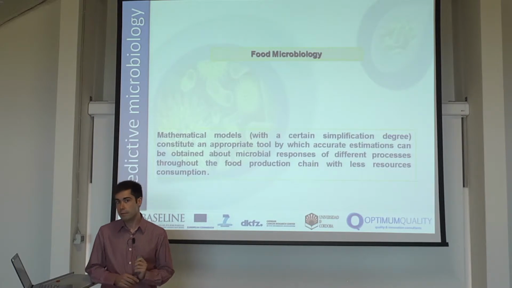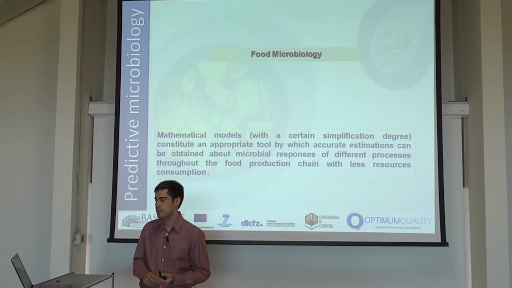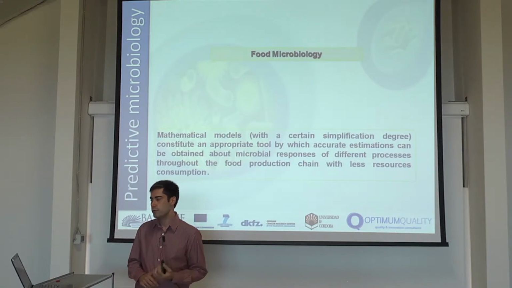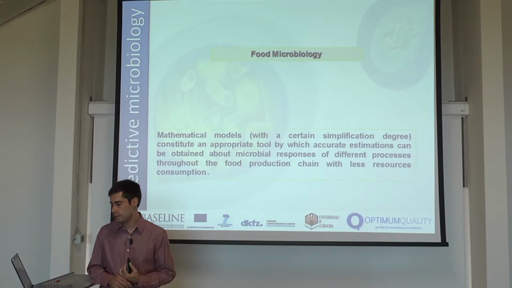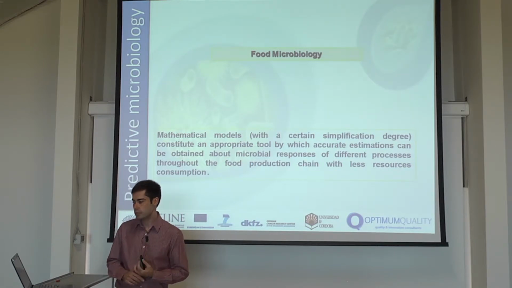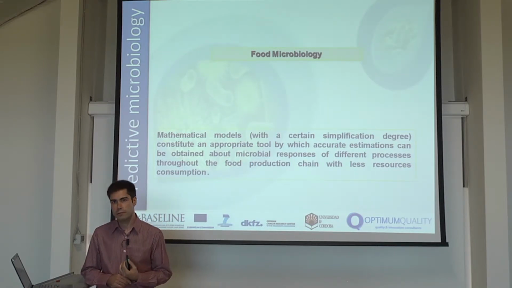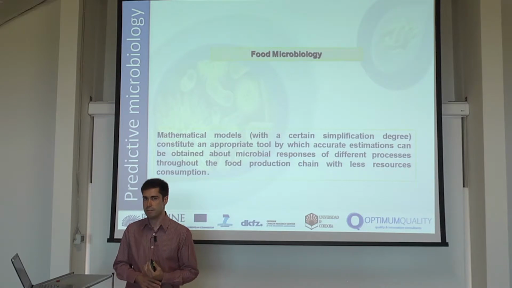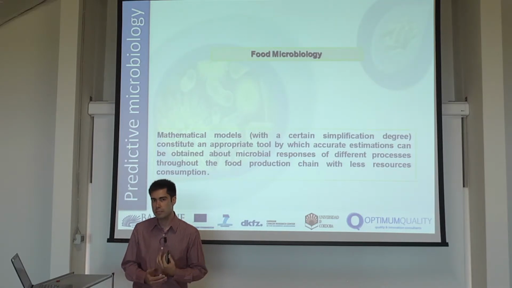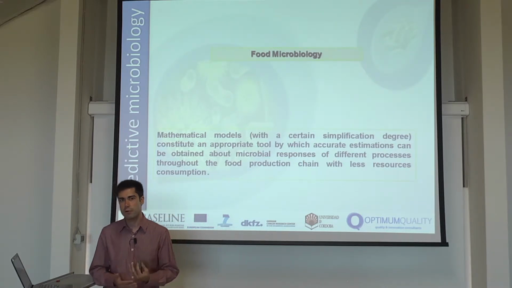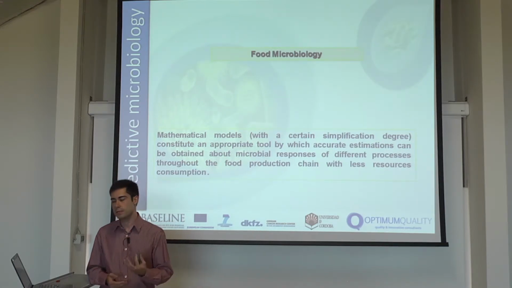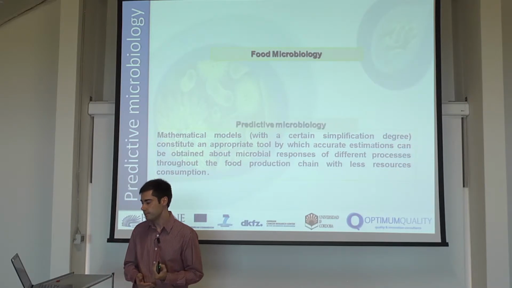The use of mathematical models with a certain simplification degree constitutes an appropriate tool in many cases by which accurate estimations can be obtained about microbial responses of different processes throughout the food production chain with less resource consumption. By using this kind of predictive models, the user can quantify properly the microbial behavior in foods without performing different microbial analyses.